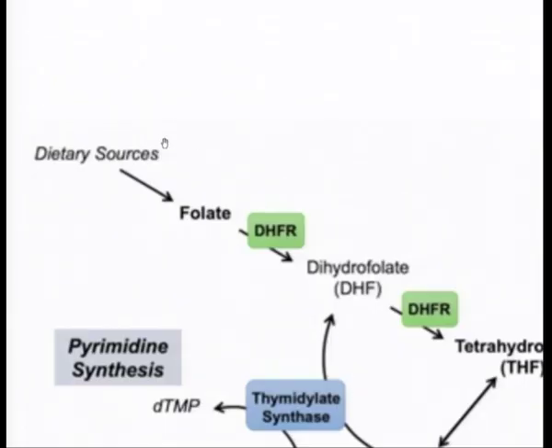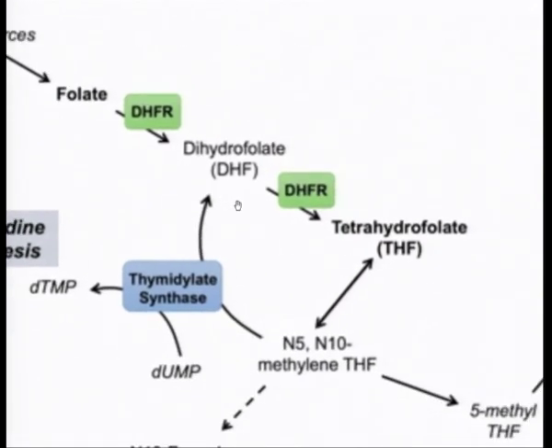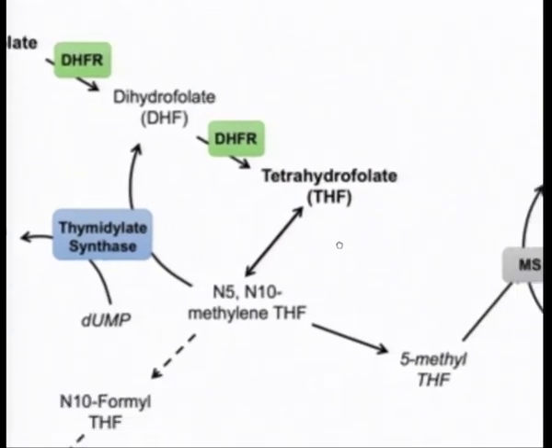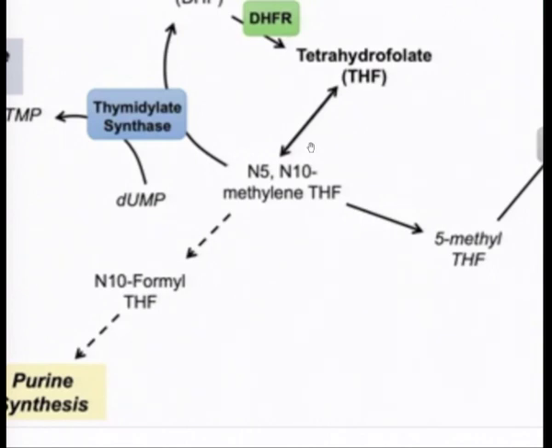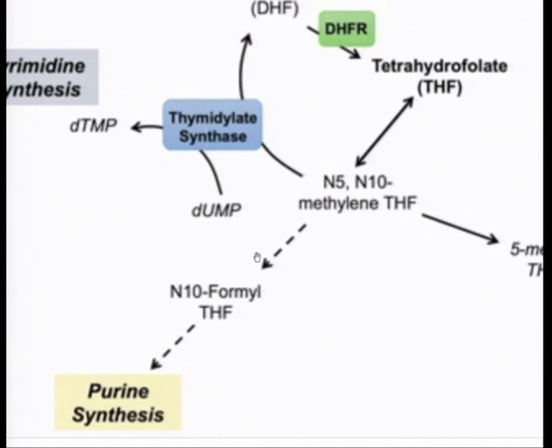So the dietary source folic acid gets converted to dihydrofolic acid, then tetrahydrofolic acid, which gets finally activated to N5,N10-methylene tetrahydrofolate. So this is the key compound, and this compound catalyzes or participates in the thymidylate synthase reaction.